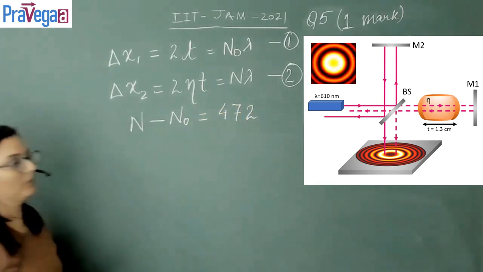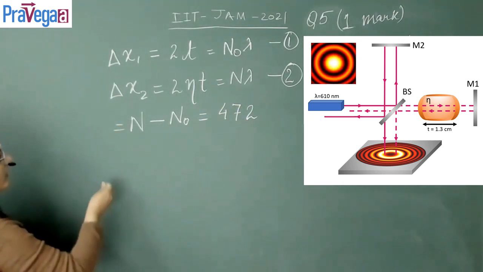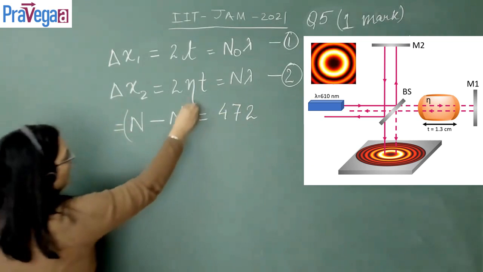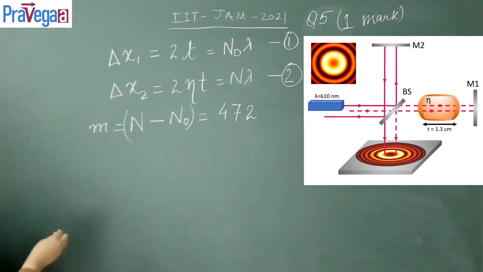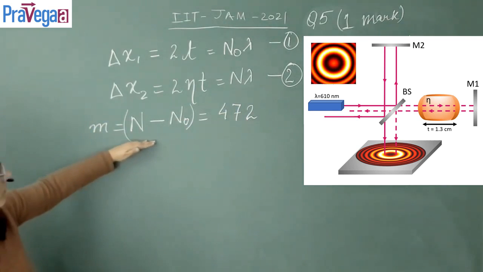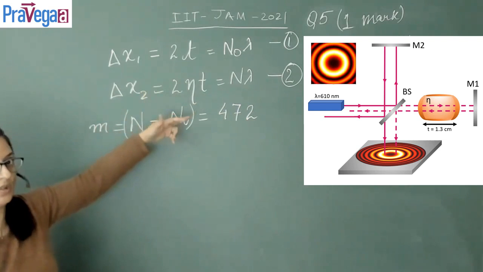And this is the number of dark fringes that he has counted, because it is easier to count dark. So we denote it as m now. And this can be calculated using both these equations 1 and 2.